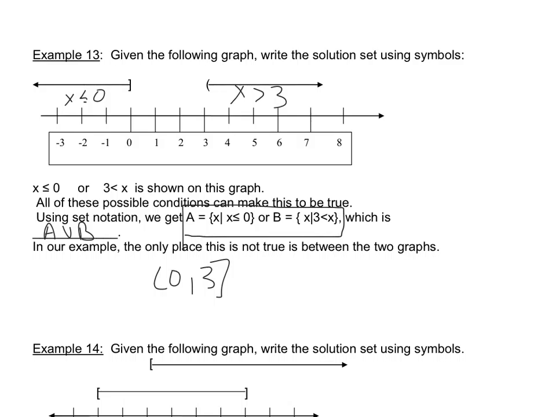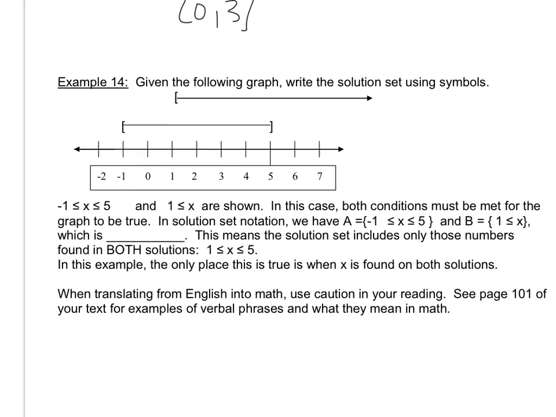All right, let's take a look at another one. It says, given the following graphs, write the solution set using the symbols. Okay? So the two that are shown here, x is greater than or equal to -1 and less than or equal to 5, and 1 is less than or equal to x are shown. In this case, both conditions must be met for the graph to be true.